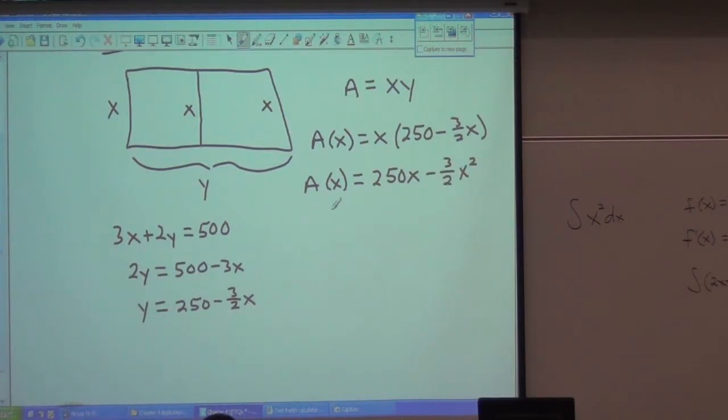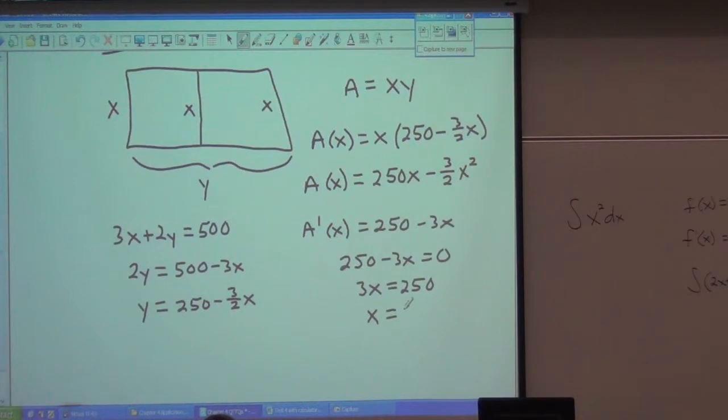Now maximums and minimums occur where the first derivative is 0 or undefined. So we take the first derivative and we get 250 minus 3x. That's never undefined, so we figure out where it's 0. We take 250 minus 3x and set it equal to 0. So we need to know where 3x equals 250.